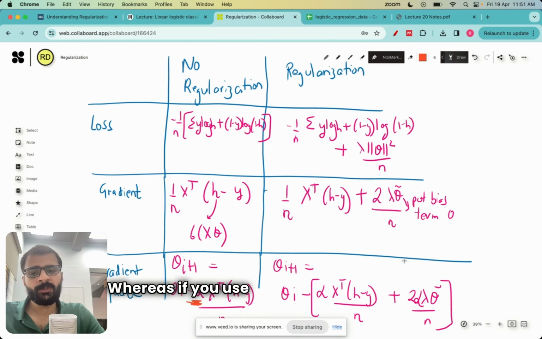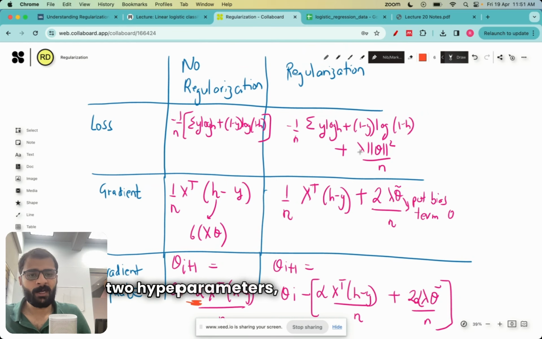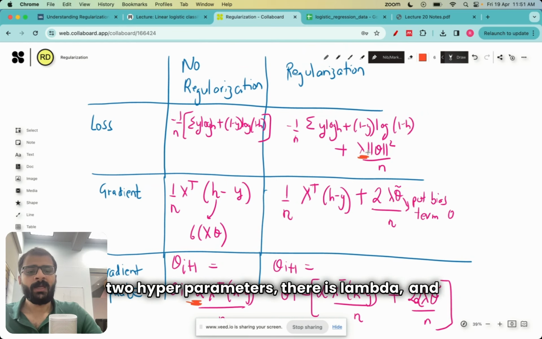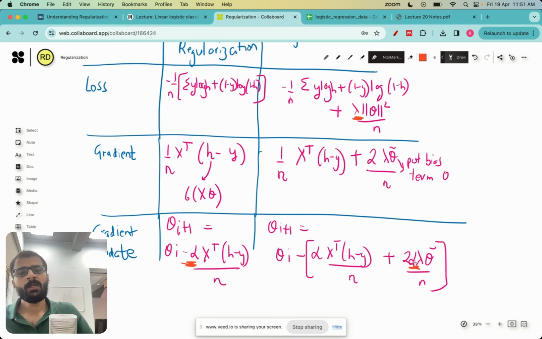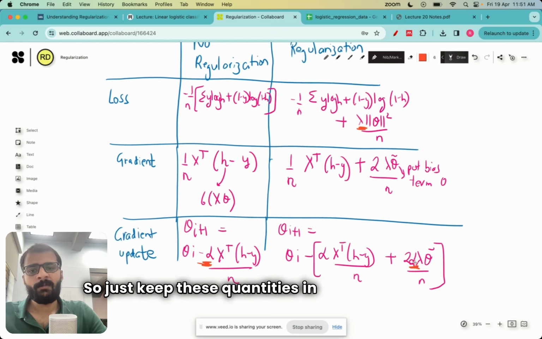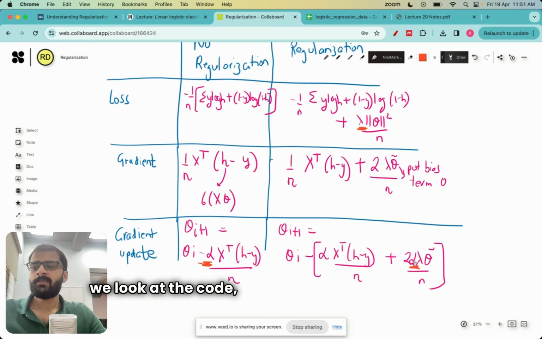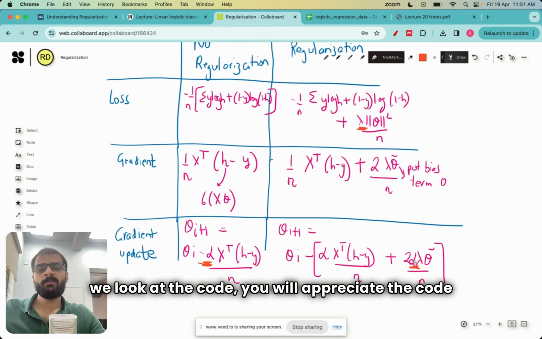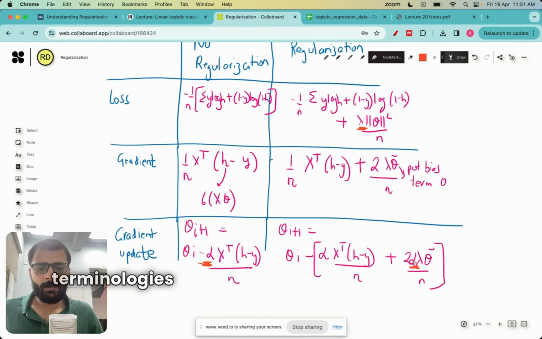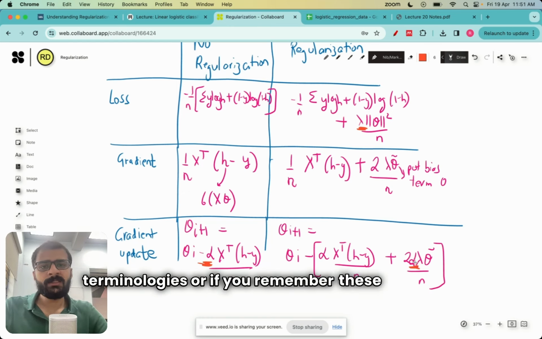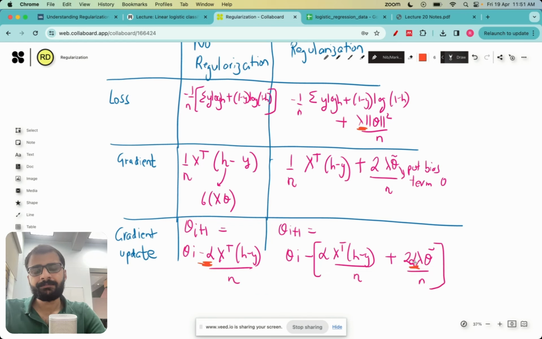Whereas if you use regularization, there are two hyperparameters: there is lambda, and then there is also the learning rate. So just keep these quantities in mind so that when we look at the code, you will appreciate the code much, much more if you remember these quantities correctly.